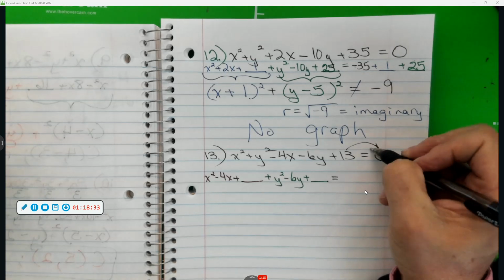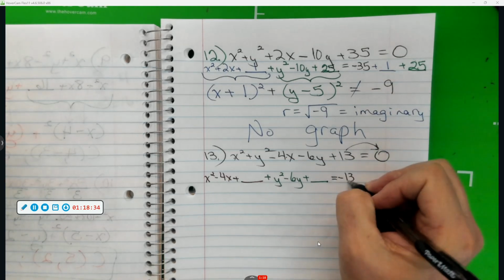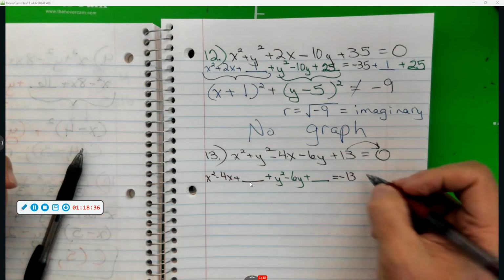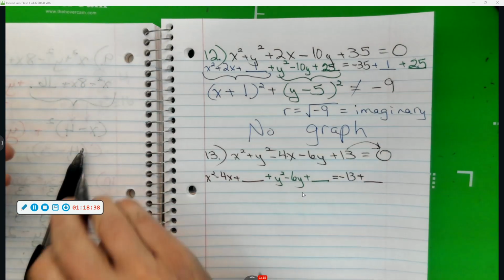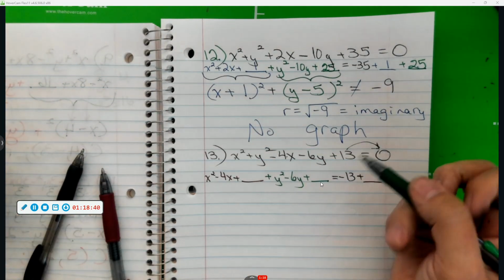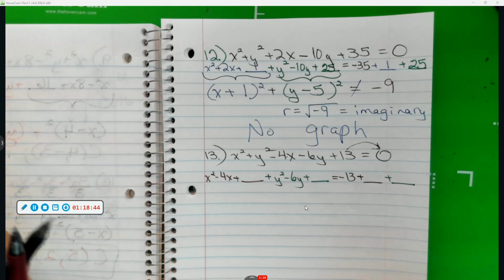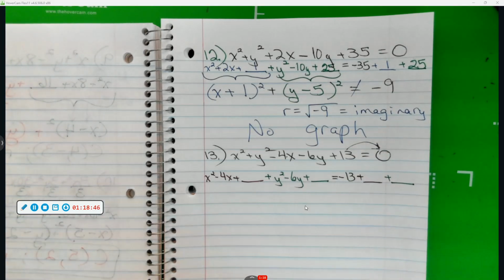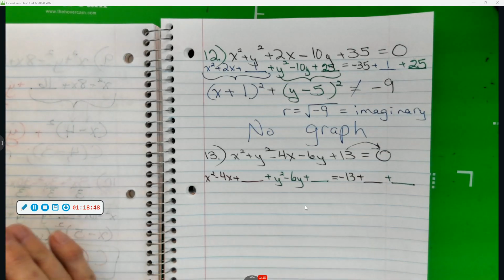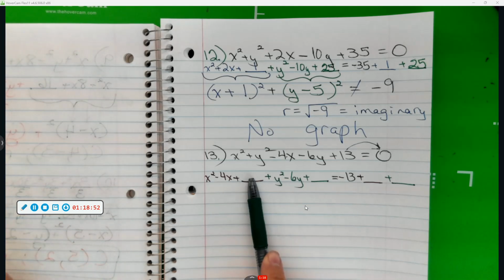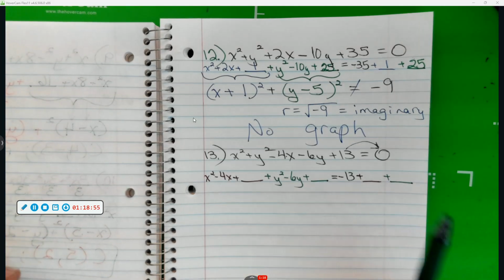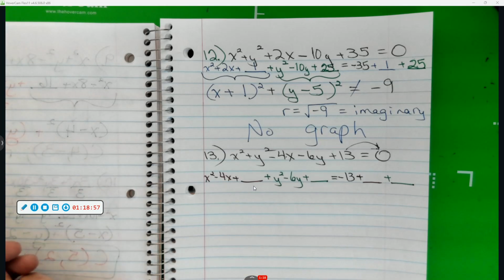It became a negative 13. But I still have the brown space and the green space. And once again, I think it's a good idea doing that, because students have a tendency to forget. They'll add the number here, but they won't add it over here, and they'll wind up with the wrong radius.